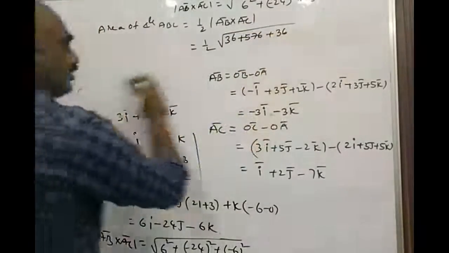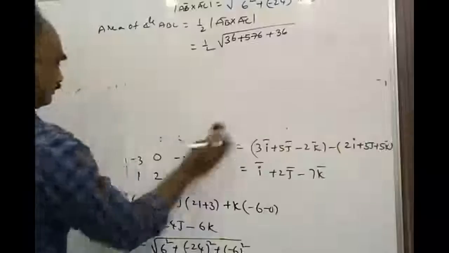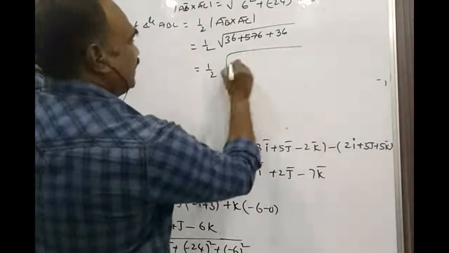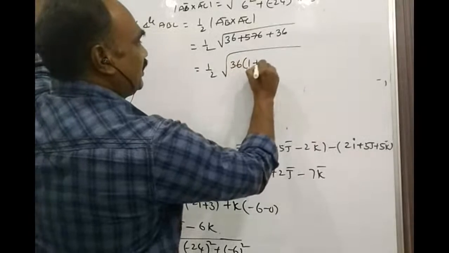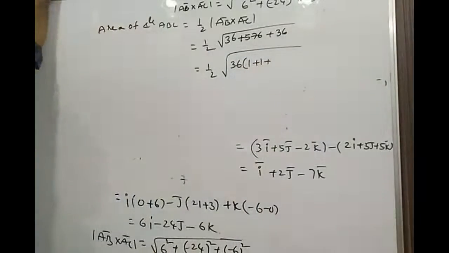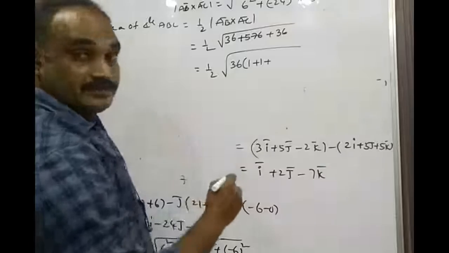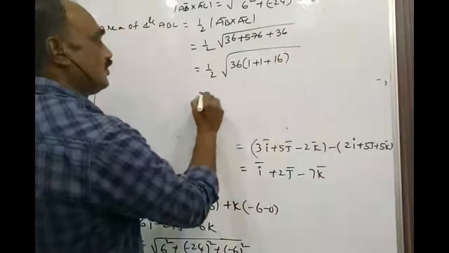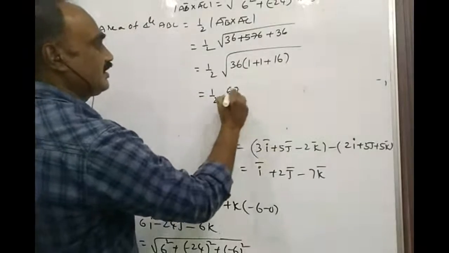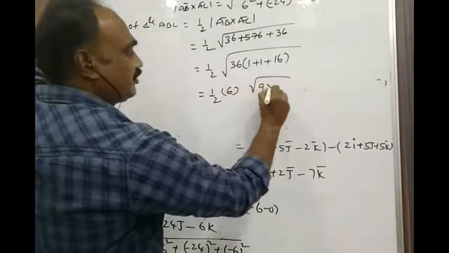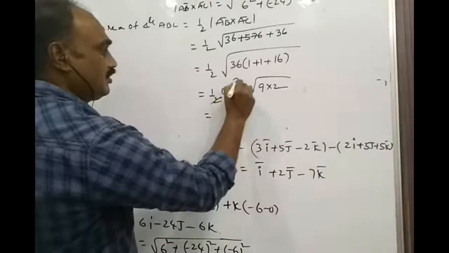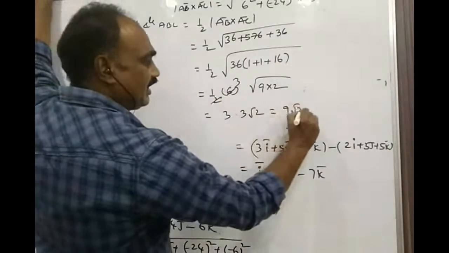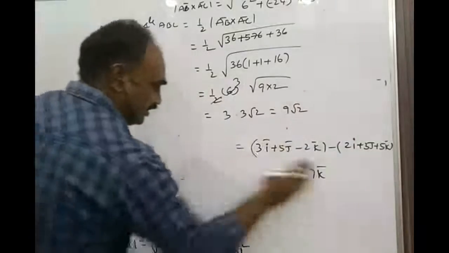So that is equal to, take 36 common, 1 by 2 into root of 36 into 1 plus 16 plus 1, that is 576 inside. 1 by 2 into 6 root 18, which is 9 into 2, so 3 into root 9, 3. So that is equal to the answer 9 root 2. Answer 9 into root 2.